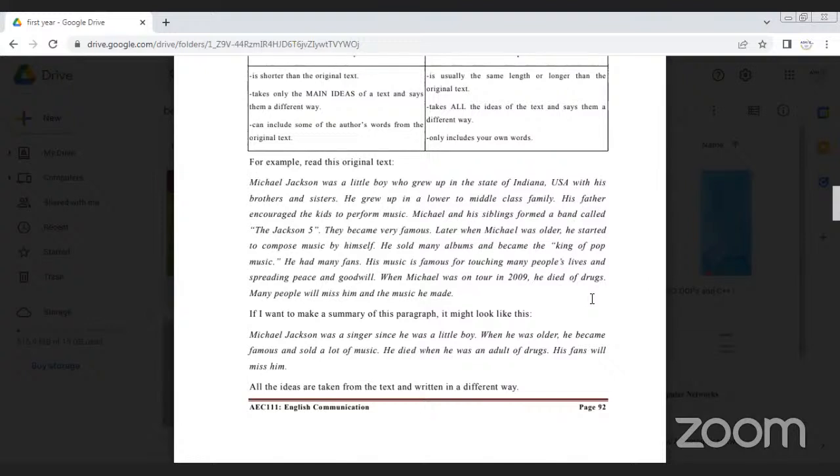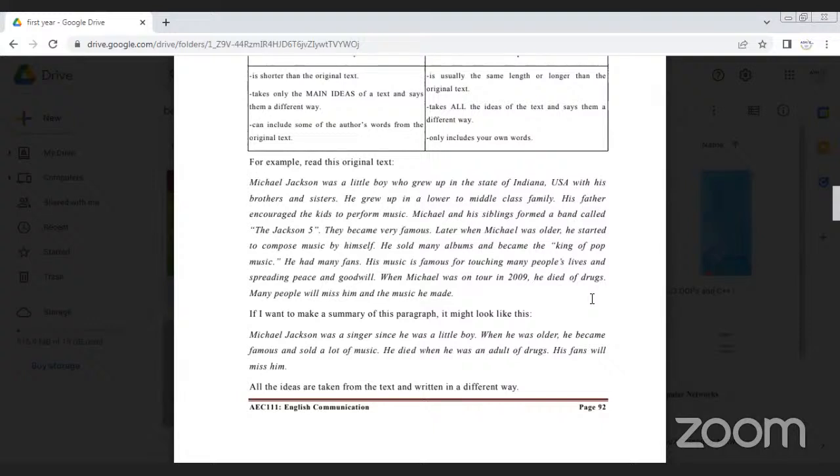They became very famous. Later, when Michael was older, he started to compose music by himself. He sold many albums and became the king of pop music. He had many fans. His music is famous for touching many people's lives and spreading peace and goodwill.